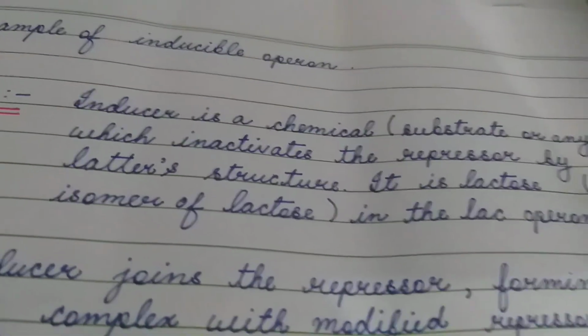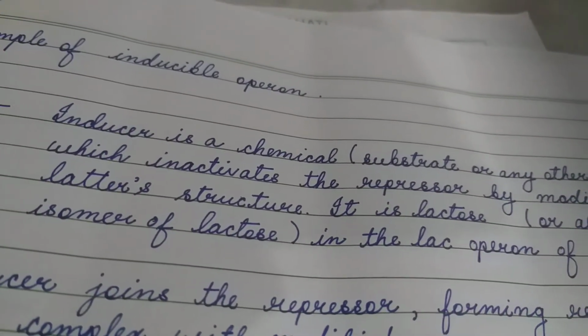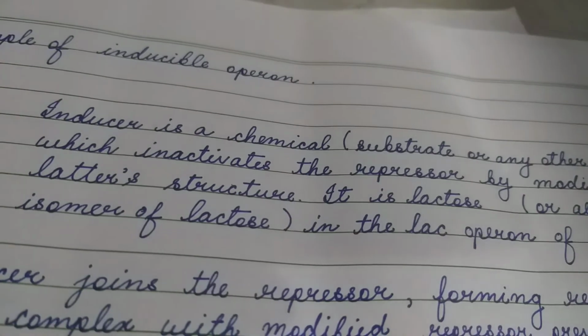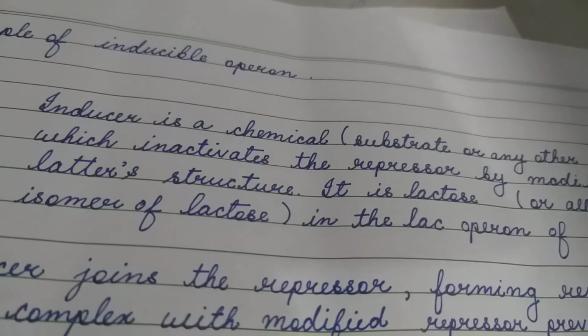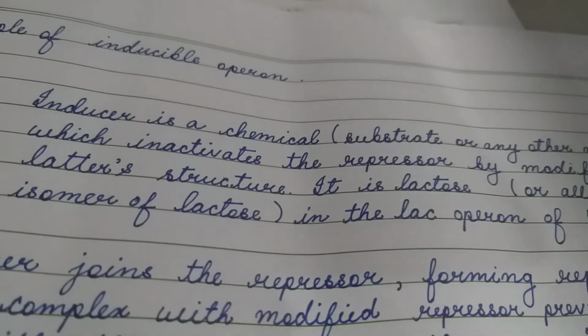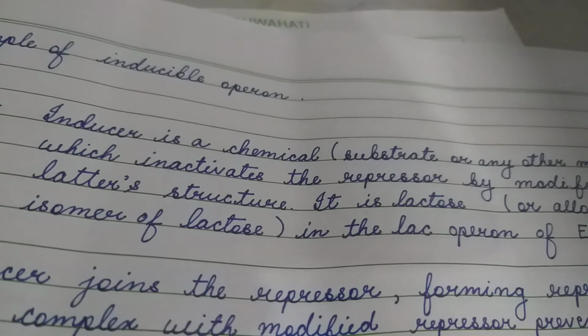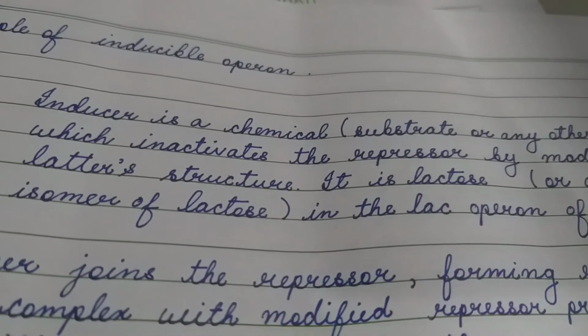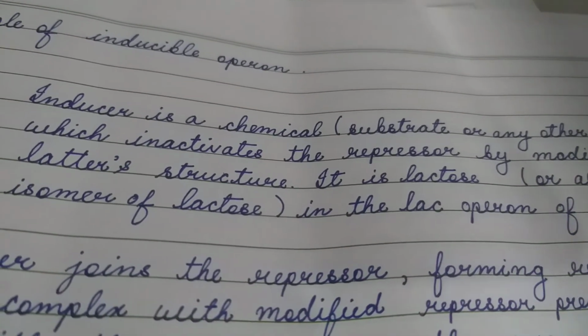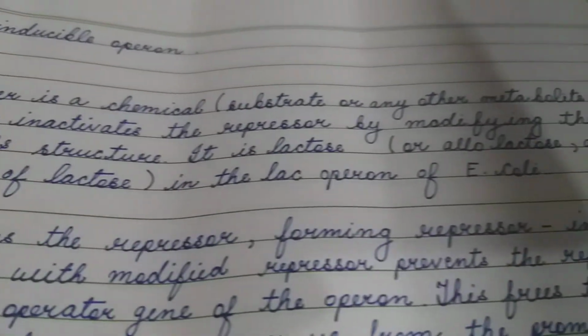Repressor is the regulatory protein produced by regulatory gene i. Inducer inactivates the repressor protein by modifying its structure. In the lactose operon of E. coli, lactose is the inducer.